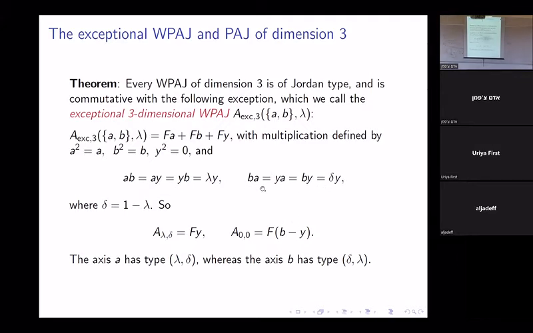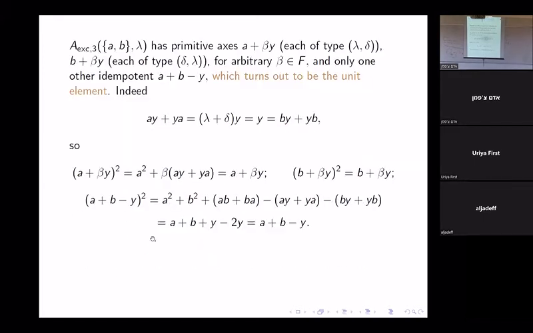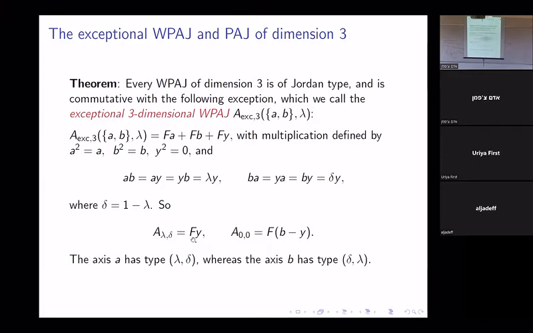And BA is delta times y, where delta is 1 minus lambda. And in this algebra, A lambda delta is Fy, which is a square zero ideal. And A0, I should have written A0, is F times B minus Y. Okay, so that's an algebra.